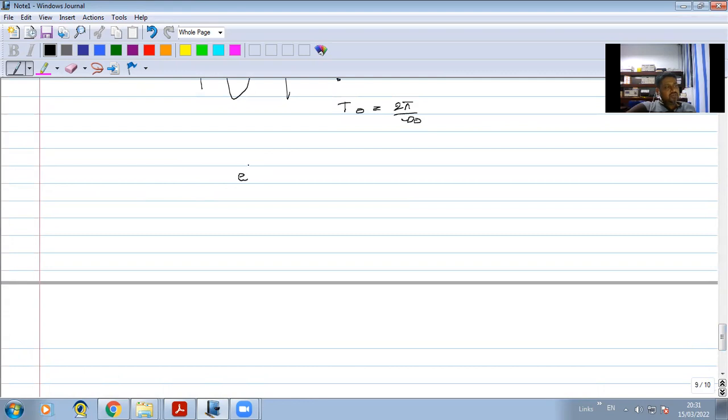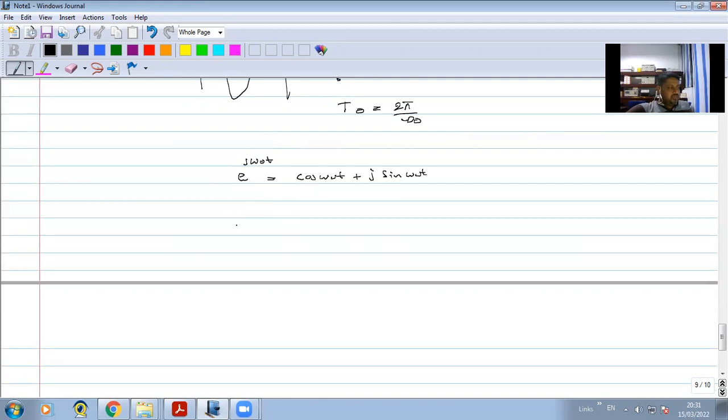So what is the Euler formula? You already know e to the power j omega naught t. At the beginning of the course, I mentioned that we are going to use this Euler formula very often throughout this course. So e to the power j omega naught t is cos omega naught t plus j sine omega naught t.